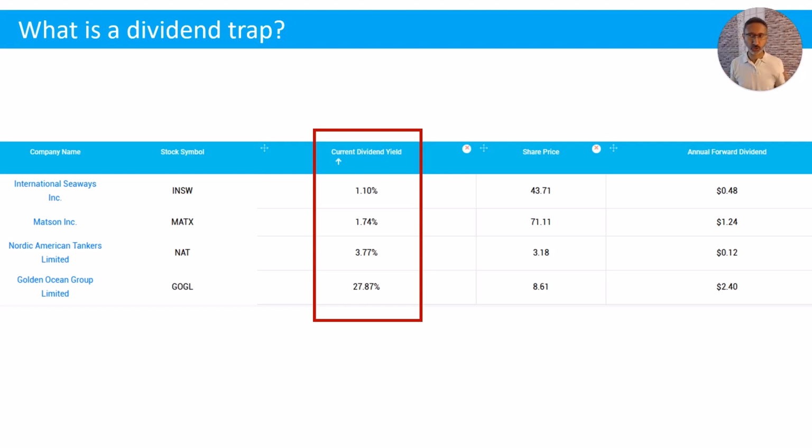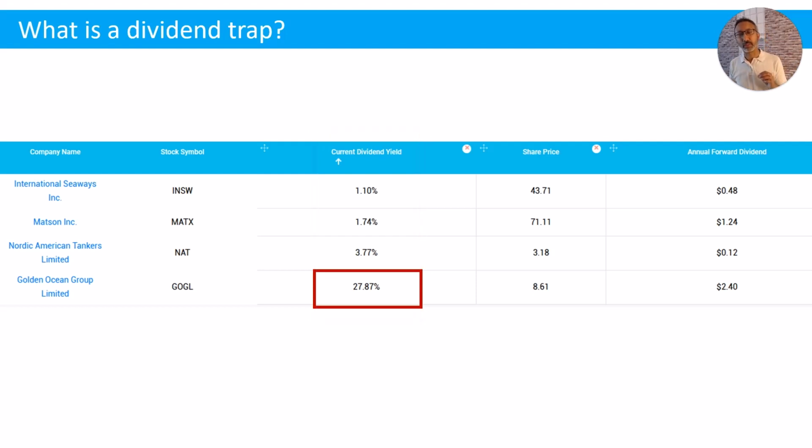Now that is huge. If you look at that number, it is extraordinarily high. And automatically you might be thinking, why should I invest in a company that's only paying a dividend of 1 or 2% when I can put my money in this company and make a 27% return? Why wouldn't I just do that?